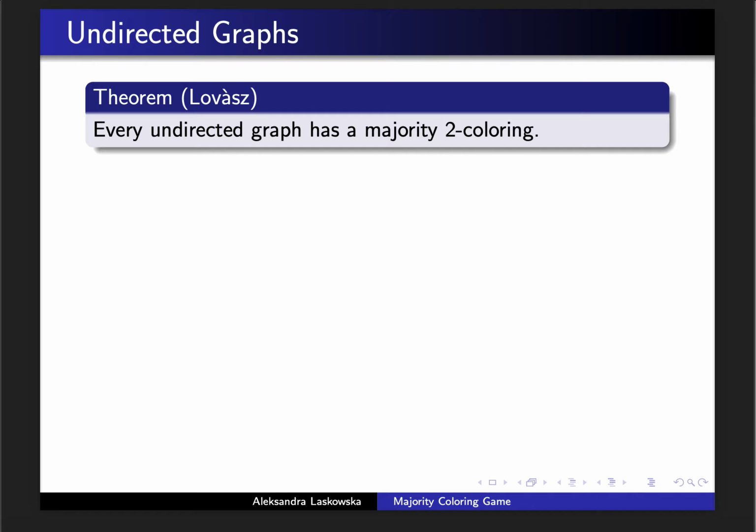Now, let me introduce a simple but fantastic theorem found by Hungarian mathematician Laskowska. Apologies if I mispronounce this name. So the theorem says that every undirected graph can be majority colored with only 2 colors.